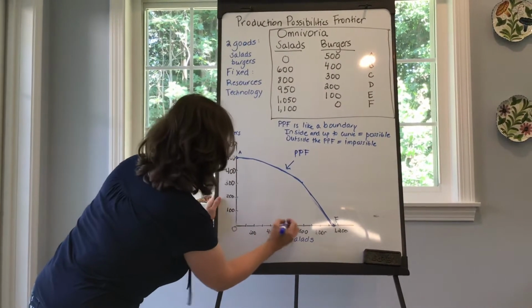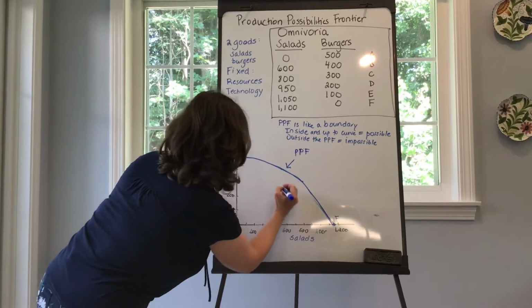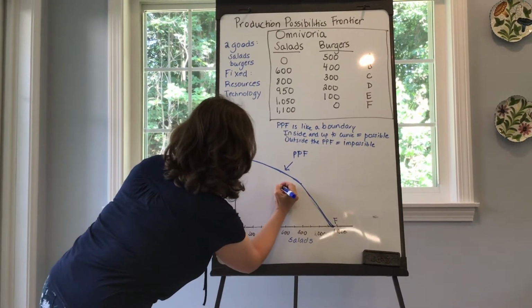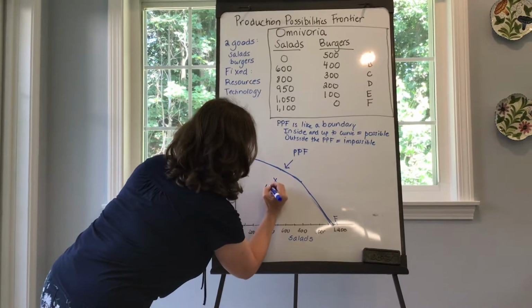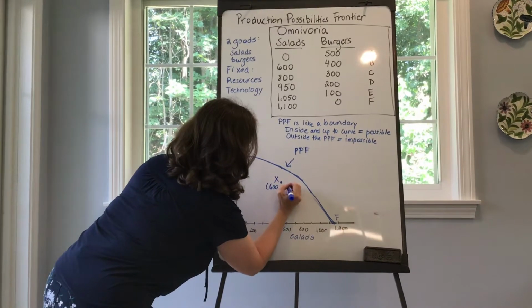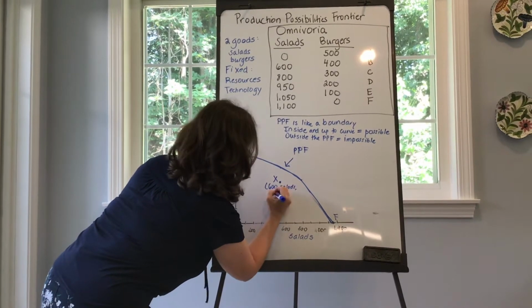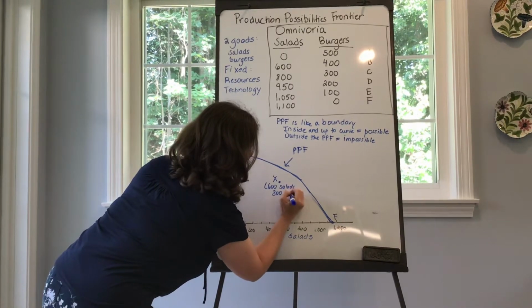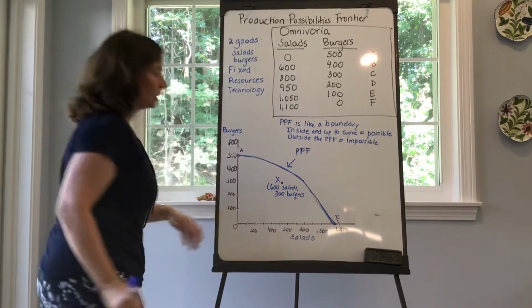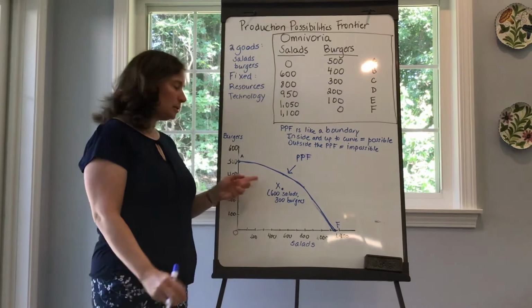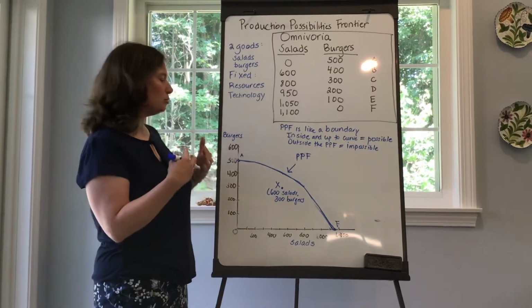Well, let's say I found Omnivoria producing, I'll call this point X, 600 salads and 300 burgers. Now that point is possible, but Omnivoria could do better.